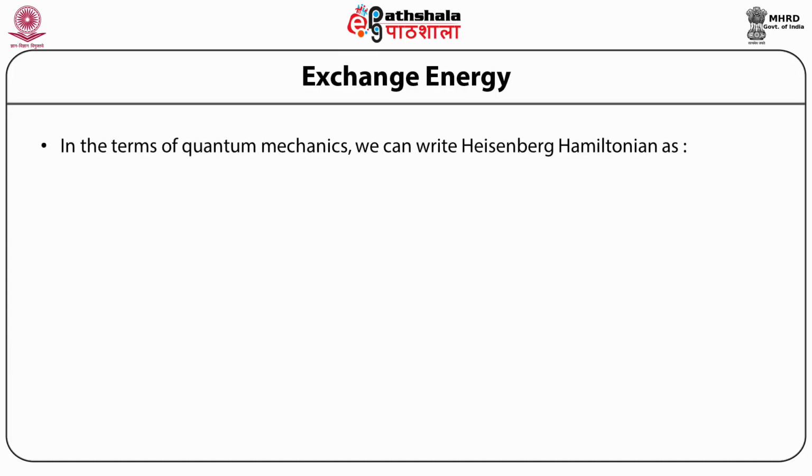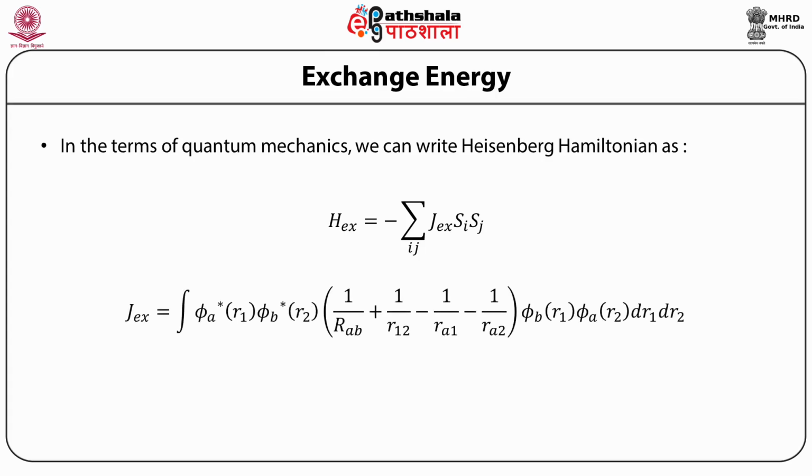In terms of quantum mechanics, we can write the Heisenberg Hamiltonian as H exchange is equal to minus summation over i, j, J exchange Si multiplied by Sj, where J exchange is equal to the integral over phi a star as a function of r1, phi b star as a function of r2, this whole multiplied by bracket 1 by rab plus 1 by r12 minus 1 by ra1 minus 1 by ra2 bracket close, multiplied by phi b r1 phi a r2 dr1 dr2.